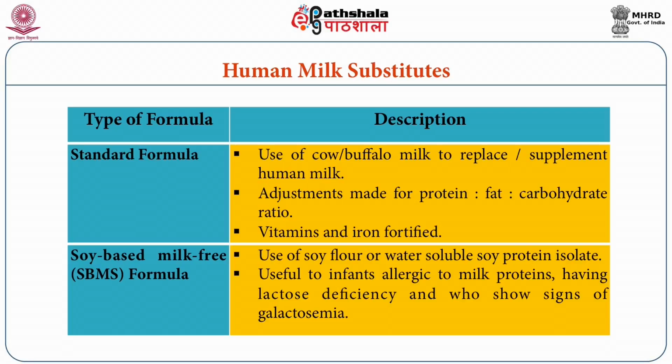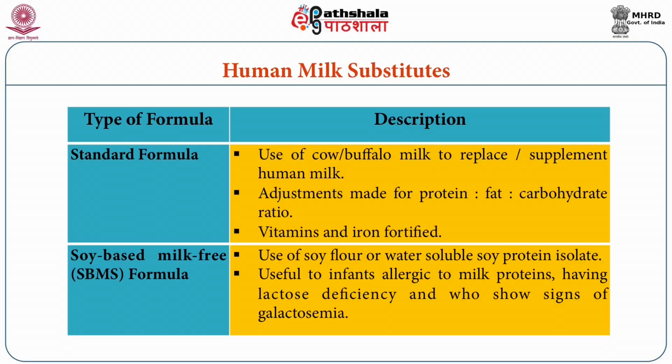To manufacture standard formula, the major adjustment required is for the protein to fat to carbohydrate ratio, since these three constituents are different in human milk compared to cow milk and buffalo milk. These standard formulas are subsequently fortified with vitamins and iron.